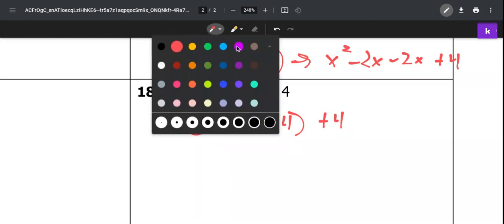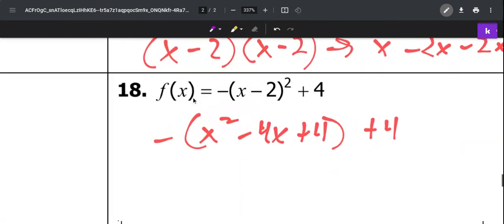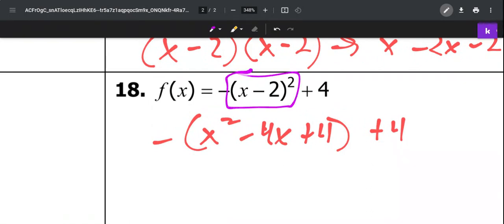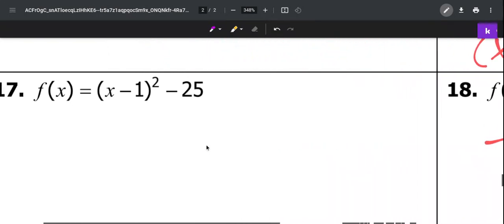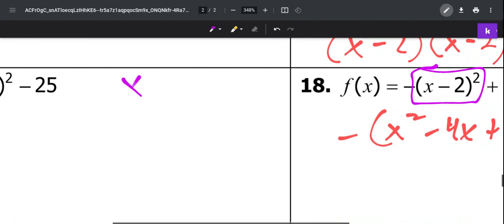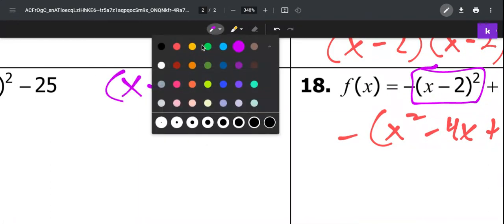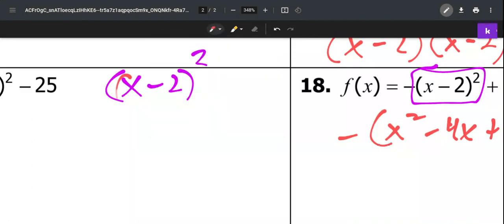All right, now let me show you the trick one more time so you can see it. If you have a parentheses squared, here's what you can do. You can take x minus 2 squared, and you can square the first term, which is x squared. You can square the second term, which would give us plus 4.